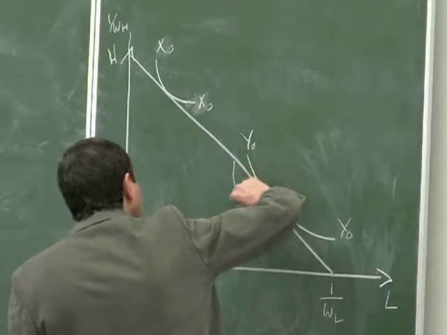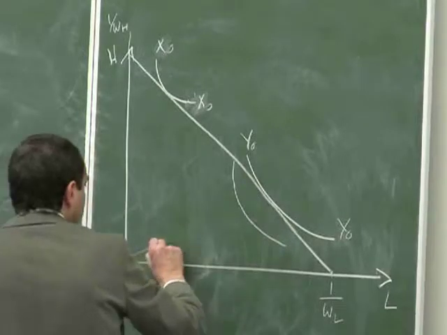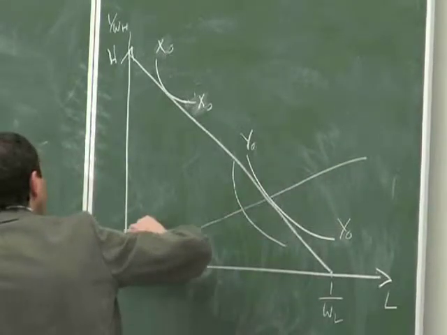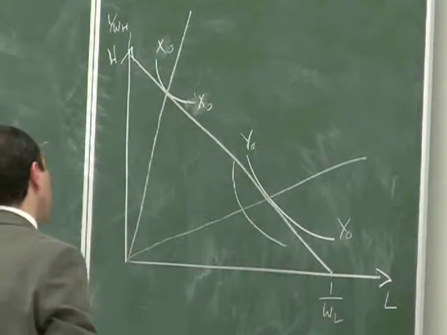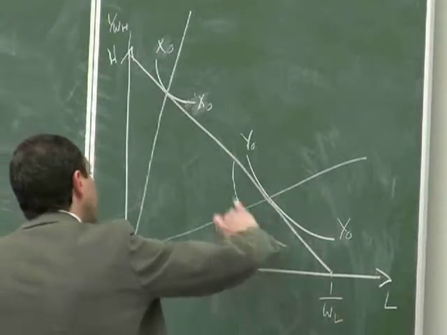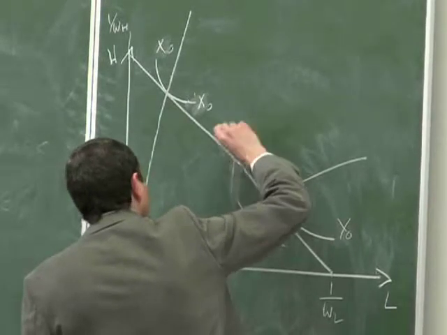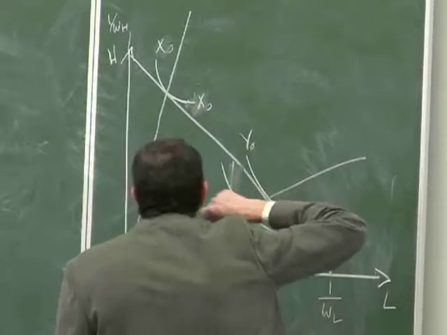Let me draw these first. These are your old output expansion paths.